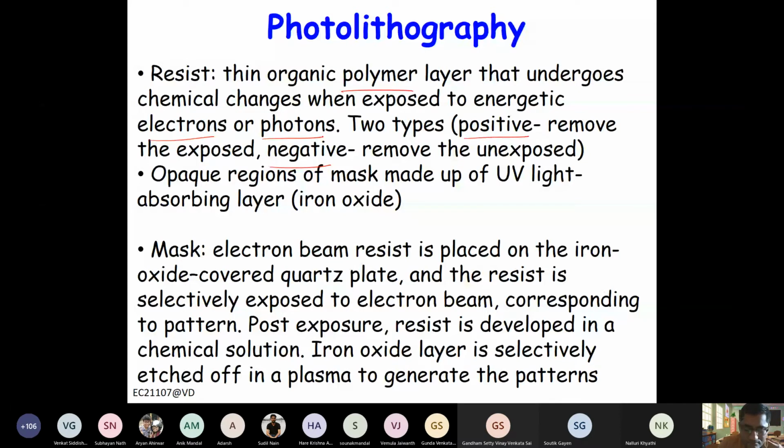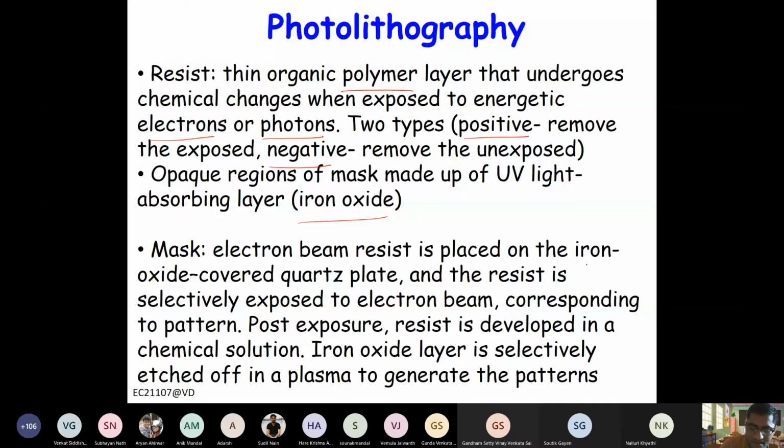And the opaque regions are made up of a UV absorbing layer, usually iron oxide. And then the mask is basically made up of quartz, where different regions are covered with different materials.